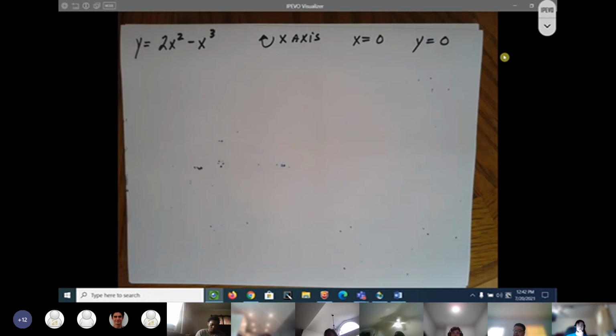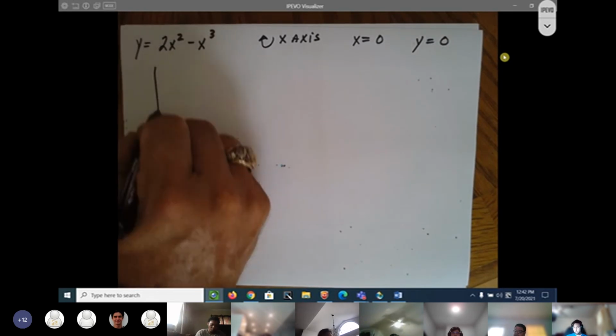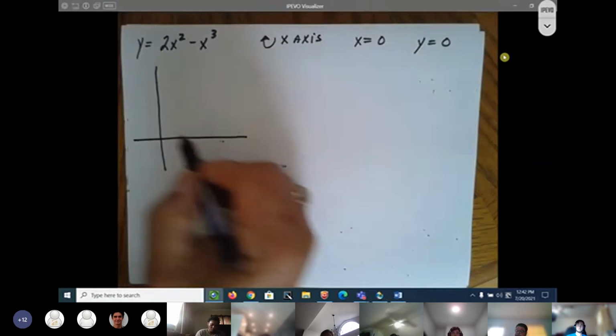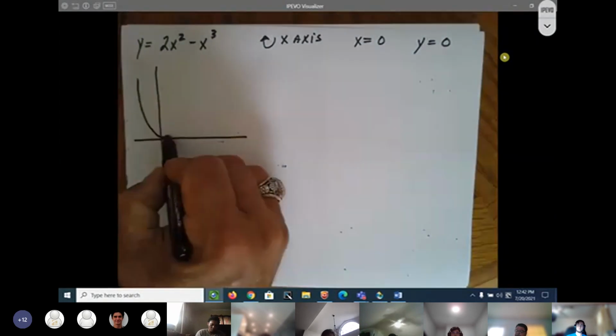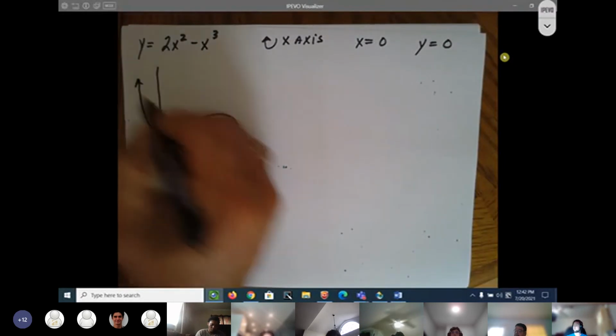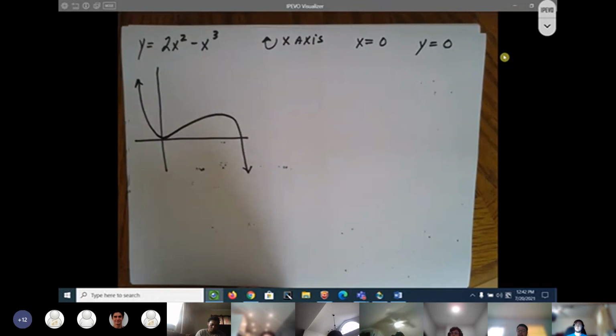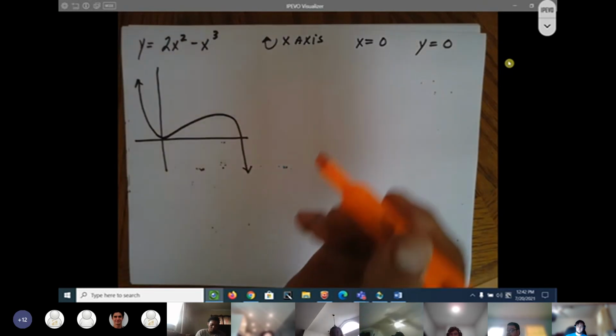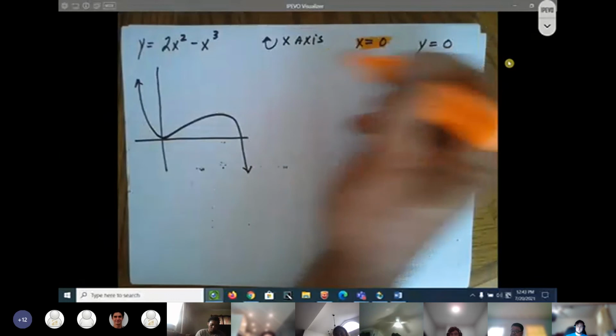So this function is going to look something like this. At least on my calculator, it looks something like this. And x is equal to 0, that's going to be the y-axis.